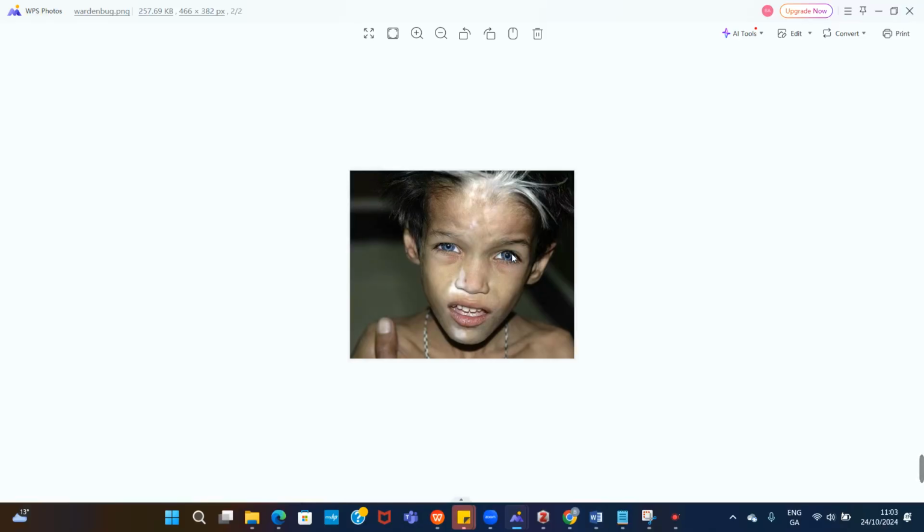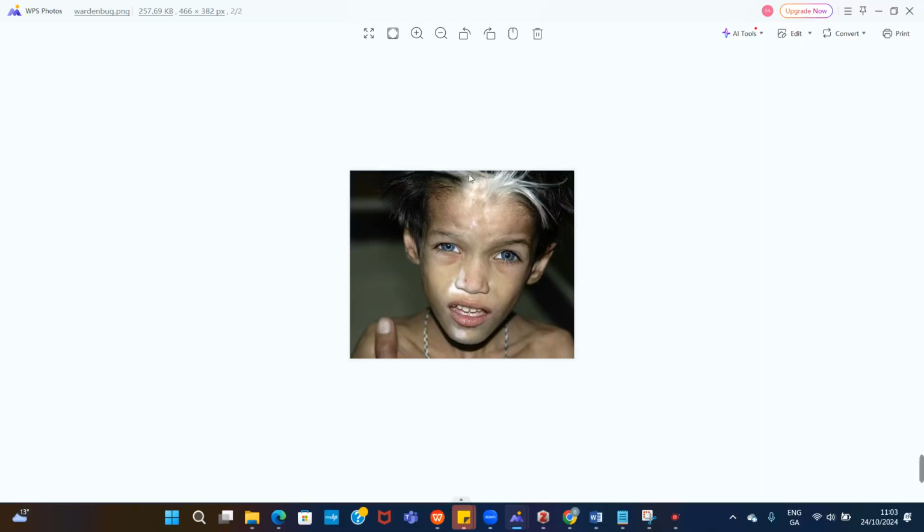You notice that their eyes are going to be depigmented as well. The iris is depigmented, heterochromia iridis, and the iris can look bluish. And the most striking presentation is that they are going to have sensorineural deafness.